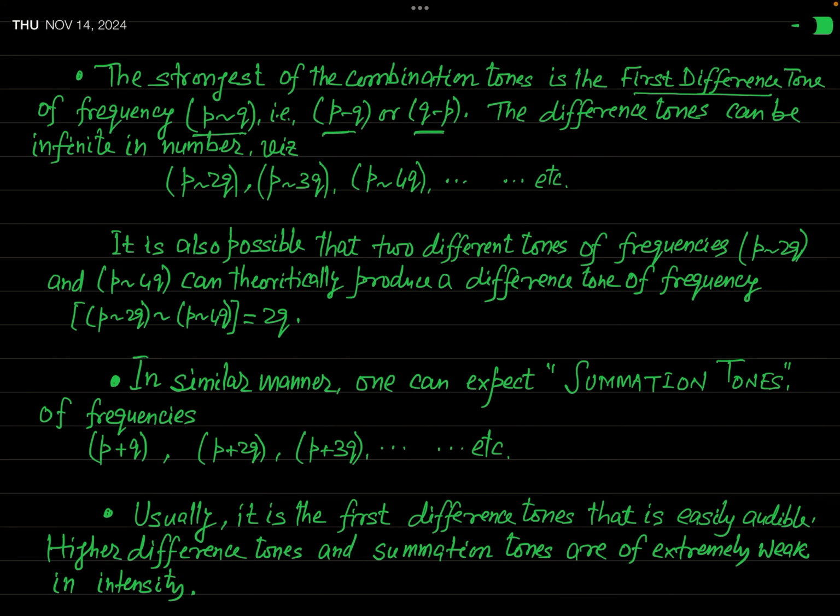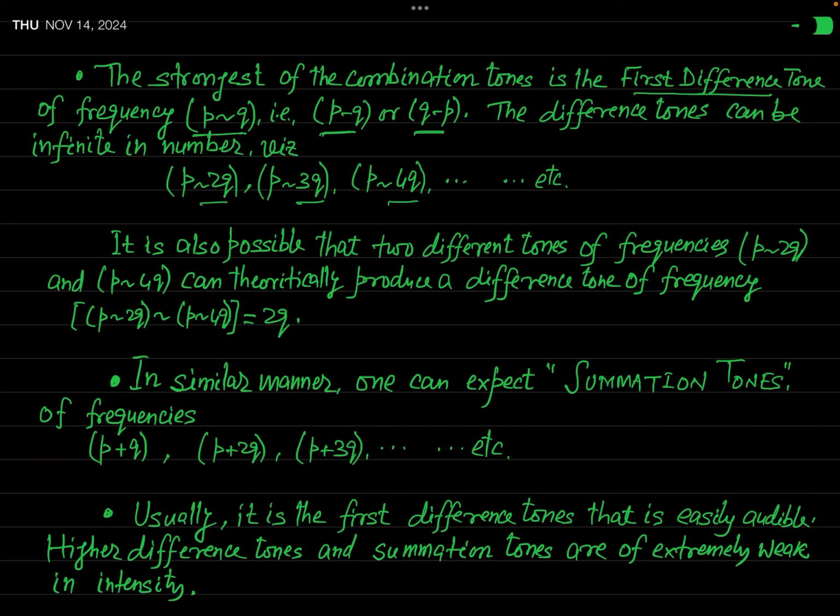And in fact, this first difference tone is the strongest of all the combination tones. But these difference tones are not only of frequency P minus Q, but may be P minus 2Q, P minus 3Q, P minus 4Q, and many more.